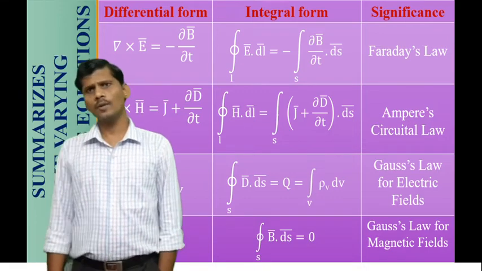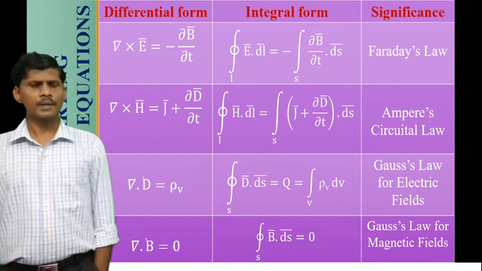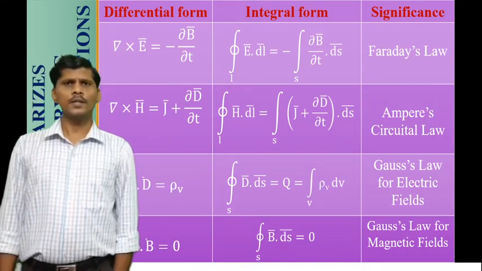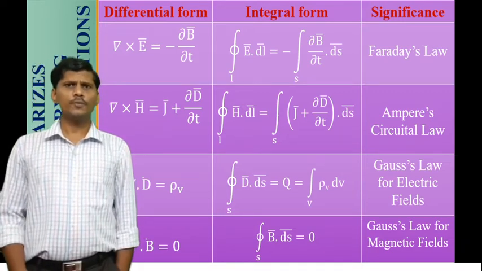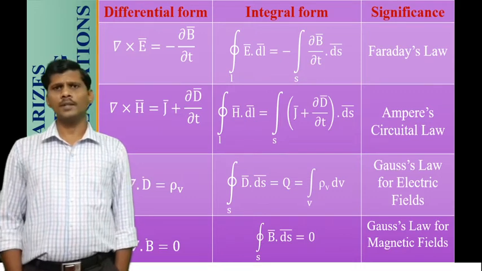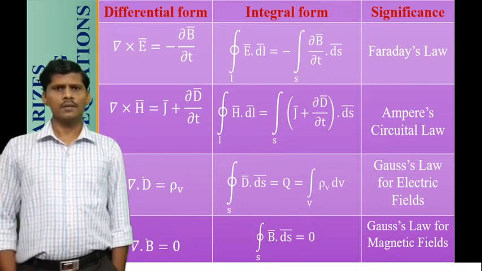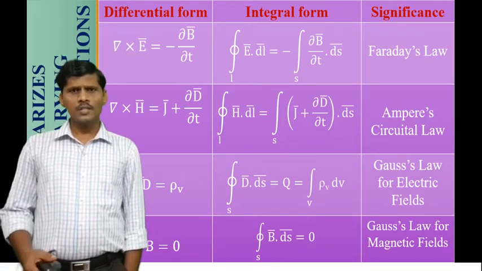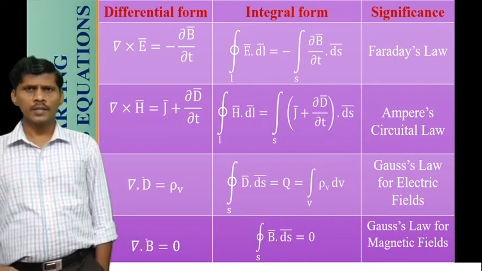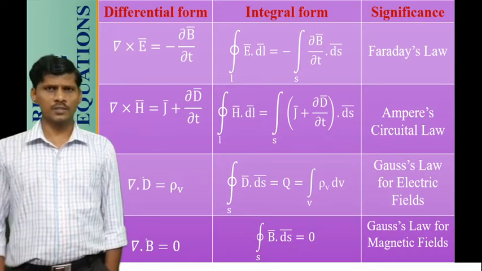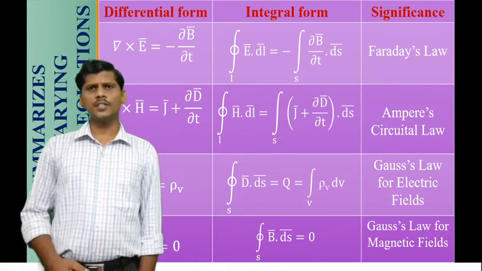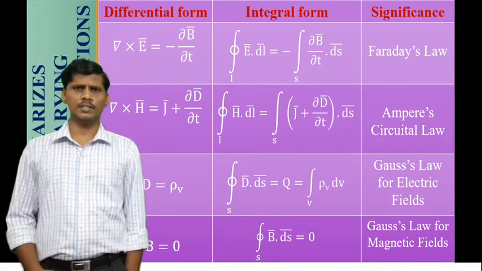The differential form of Ampere's circuital law: del cross H bar is equal to J bar plus dou D bar by dou t. This is the differential form or point form. On the RHS, the term is a combination of two current densities, conduction current density and displacement current density.